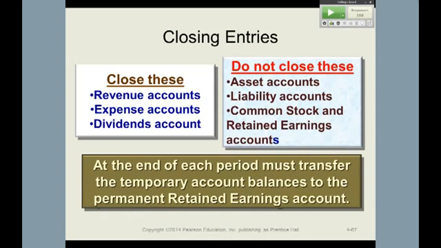So the question then is, how would you zero out revenues? You debit that account. So you're going to close the revenue account with a $500 debit, and you credit that account with a closing entry by crediting income summary. So that's the first closing entry.